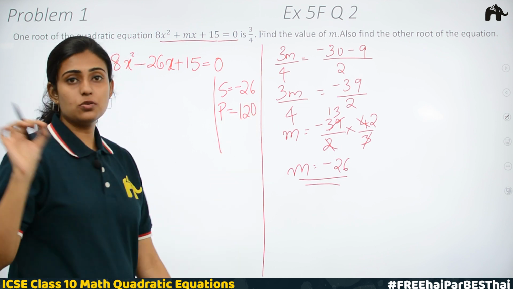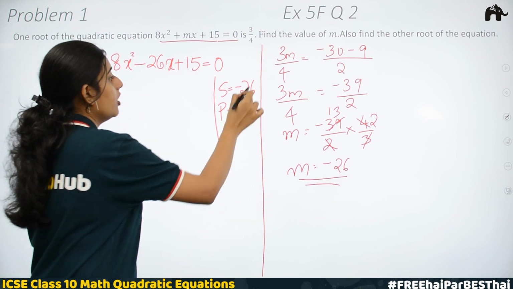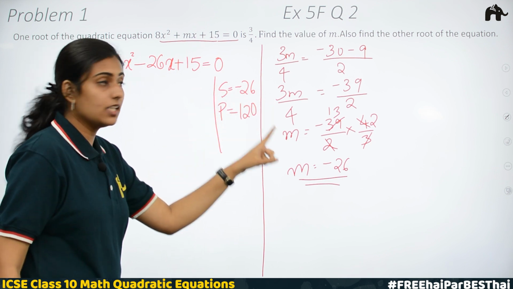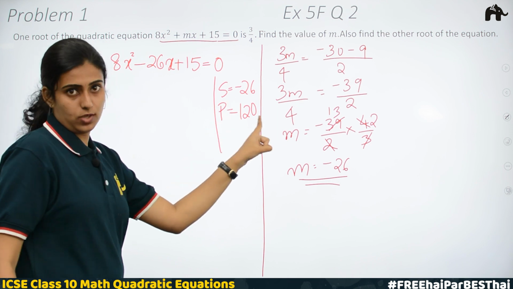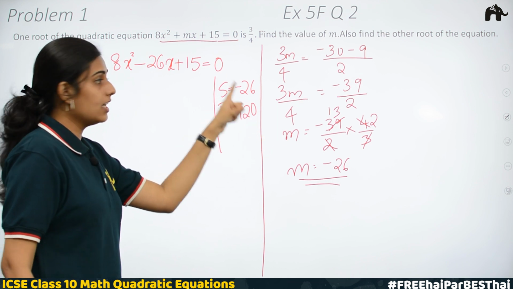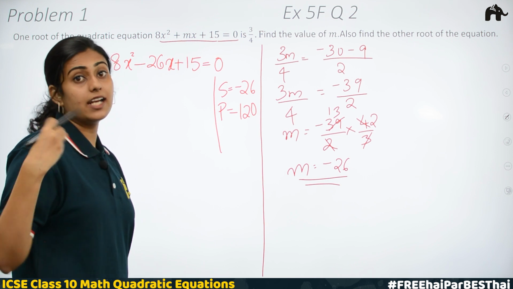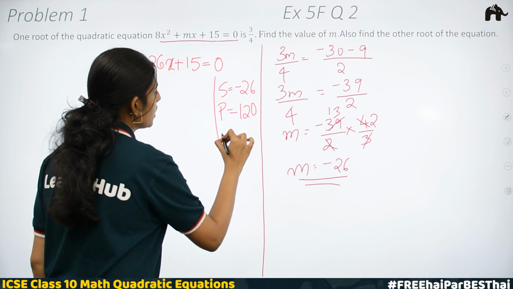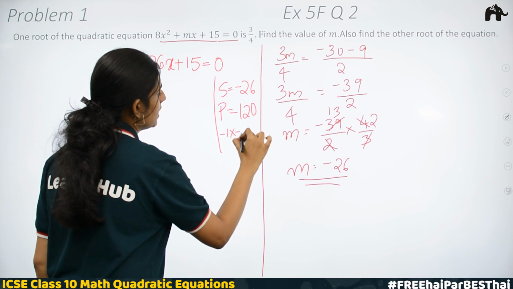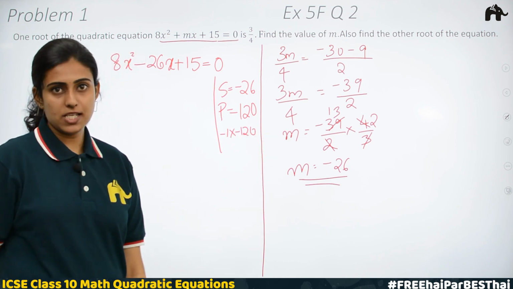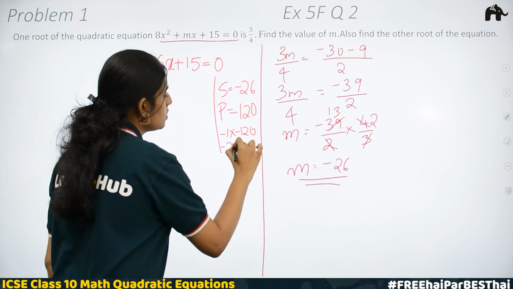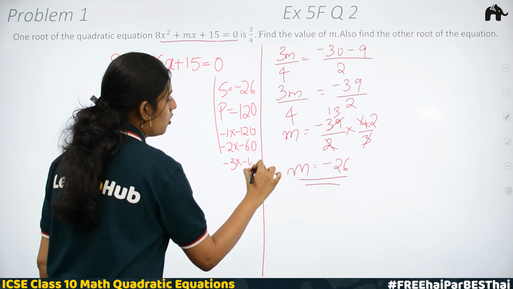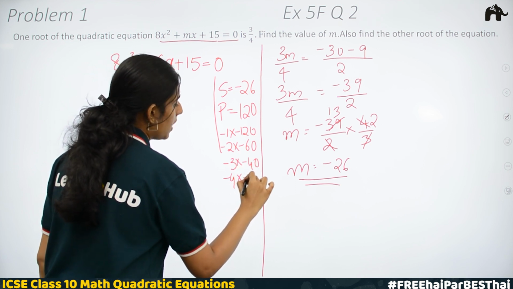We need to select two values such that when you add them, we should get minus 26 and when you multiply them, we should get 120. Here we have a negative sign, which means the chosen numbers are negative numbers. To get 120, we can have minus 1 into minus 120 is plus 120. Then minus 2 into minus 60, minus 3 into minus 40, minus 4 into minus 30.